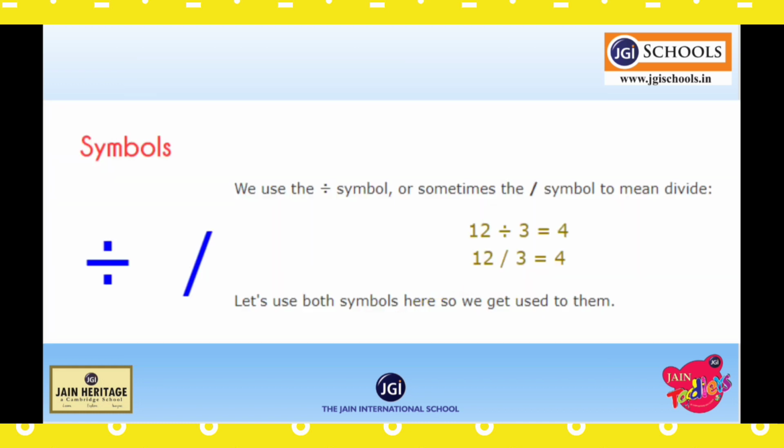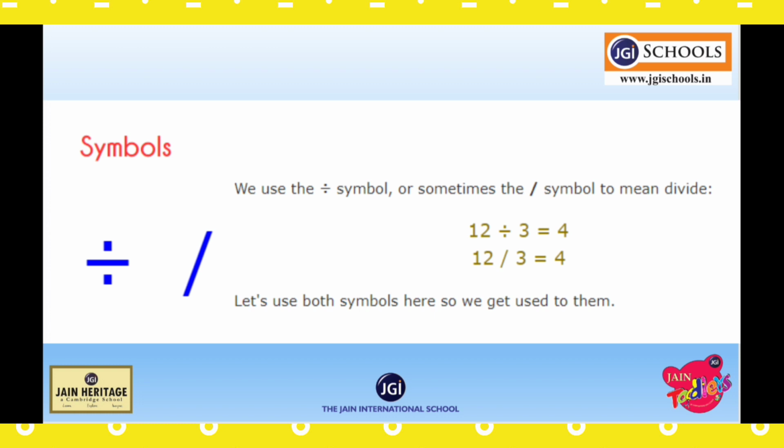Now I will explain what are the symbols of division that we are using. See, there are 2 dots and a middle line, and you can also express it by a small slanting line. This slanting line you must have studied in nursery or junior KG.